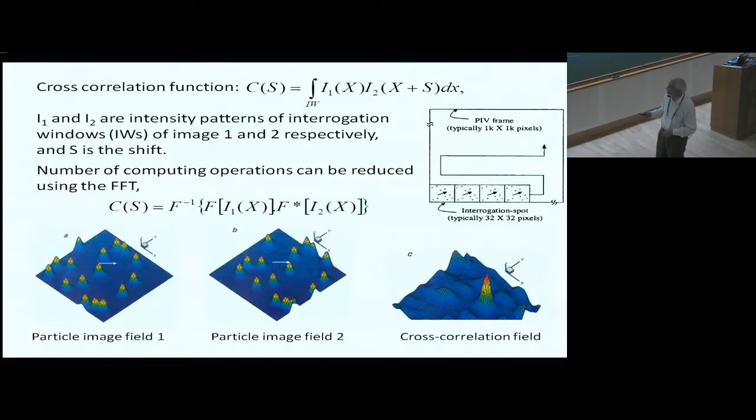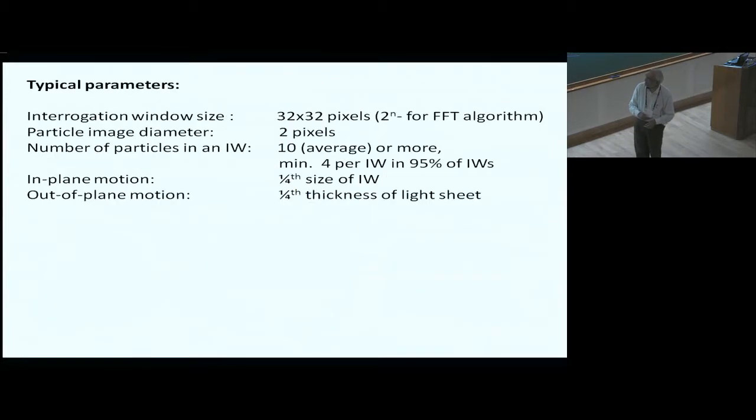Each interrogation window will typically have about 32 by 32 pixels, and the number of particles in the window will be on average 10.